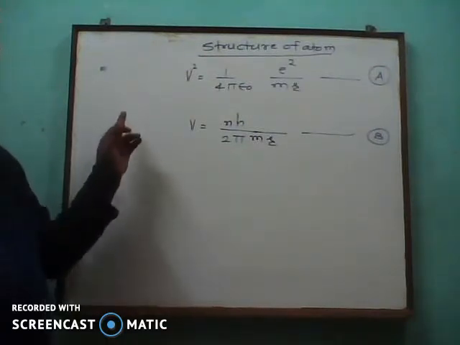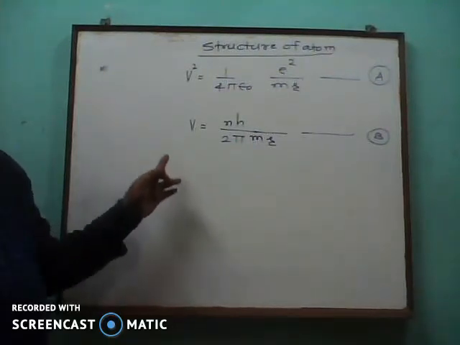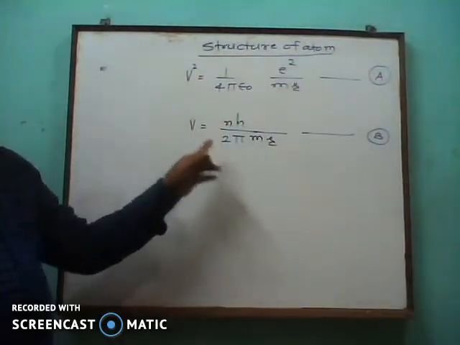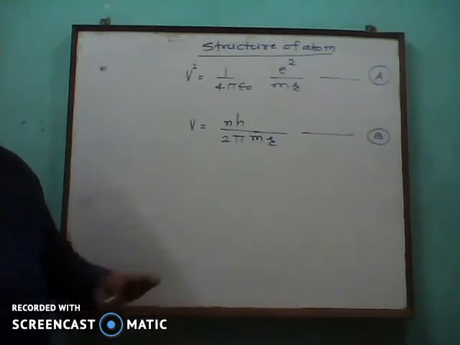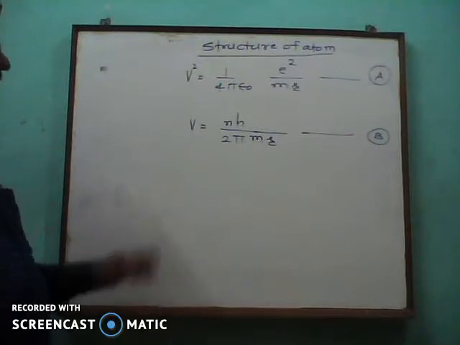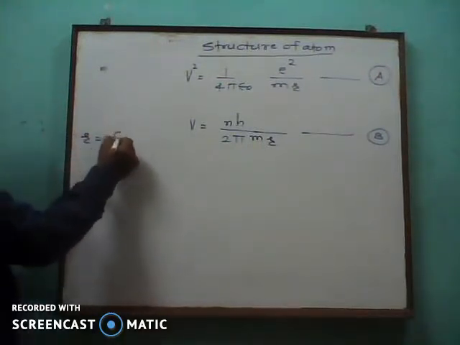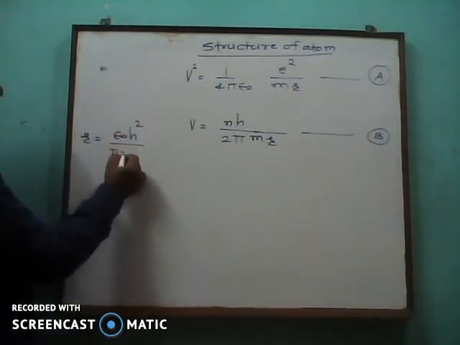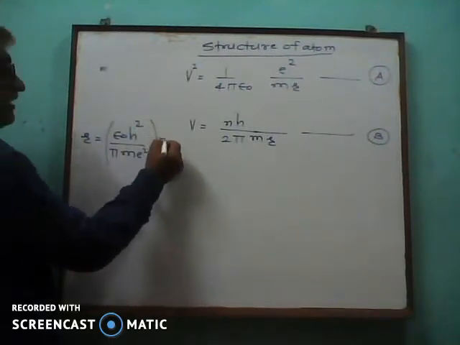If we square equation B, then you get v square is equal to n square h square upon 4 pi square m square r square. If we compare equation A and equation C, then you get the answer: small r, the radius, is equal to epsilon 0 h square upon pi m e square, in bracket, into n square.